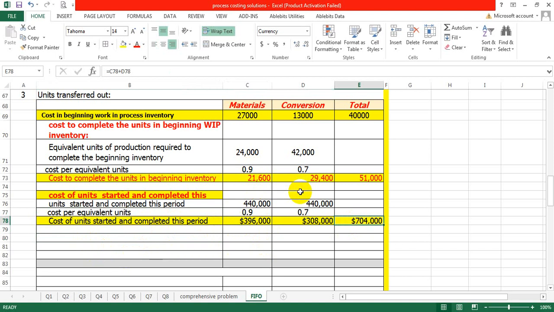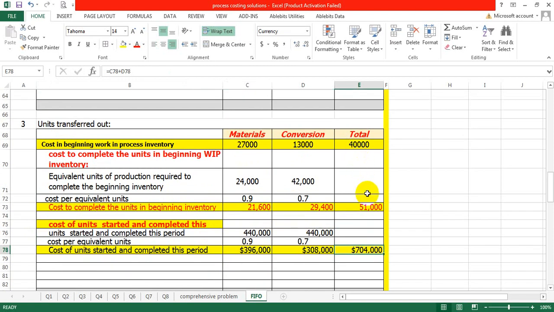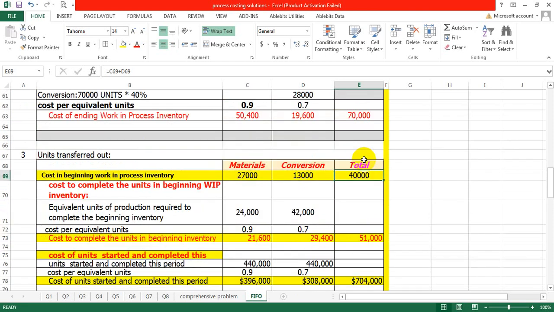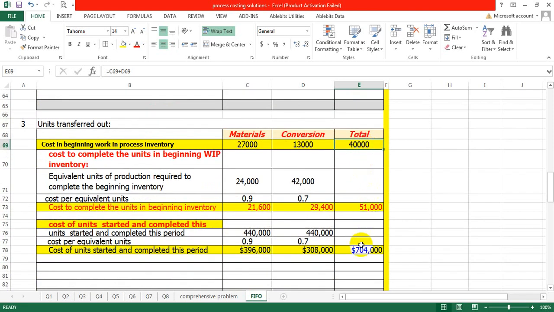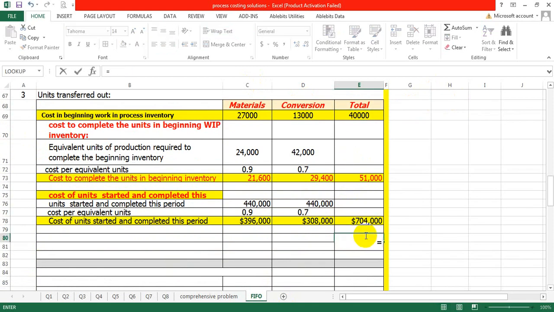So what is my total cost of units transferred out? I will take this 40,000, 51,000 and 7,04,000 and add these three values. The summation of these three values is 7,95,000, the cost of units transferred out.